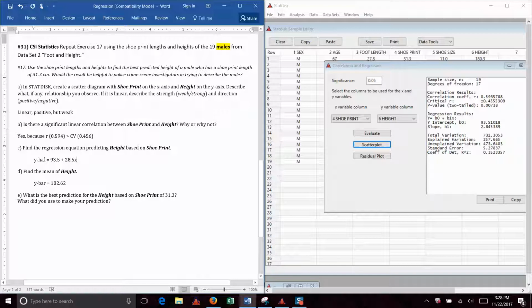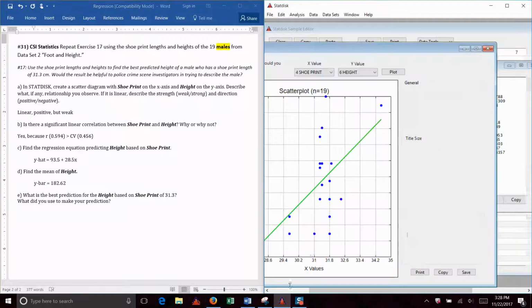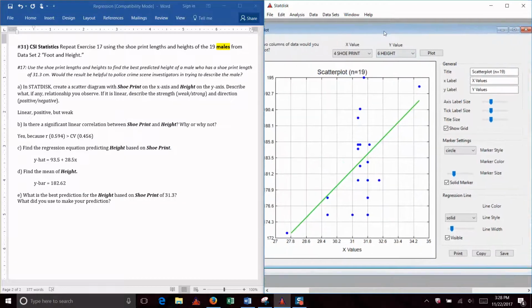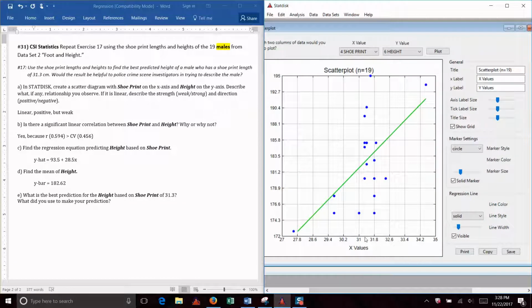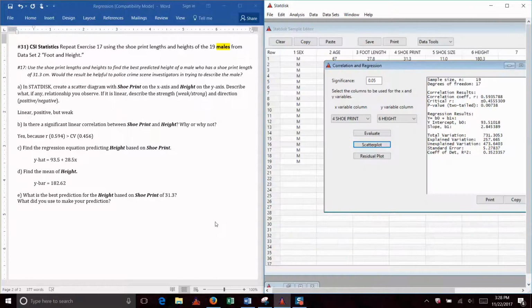So we have our correlation is significant. We have our regression equation. We have our mean height. And the shoe print length of 31.3, that's about right there. It is an interpolation, so we're fine to go ahead and use the regression equation.